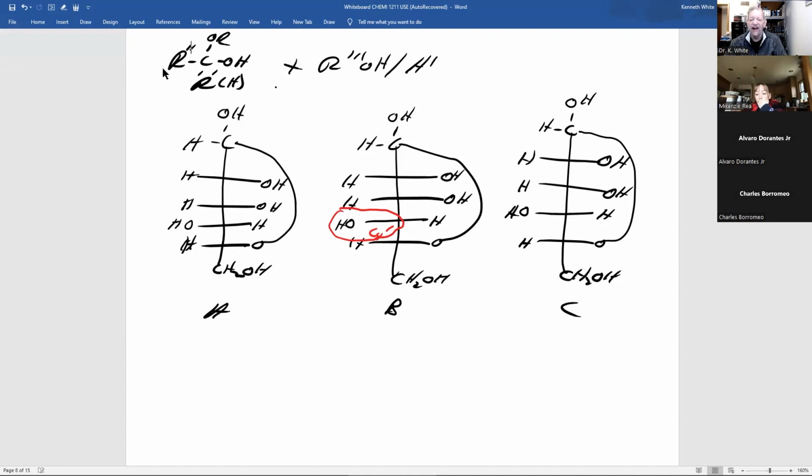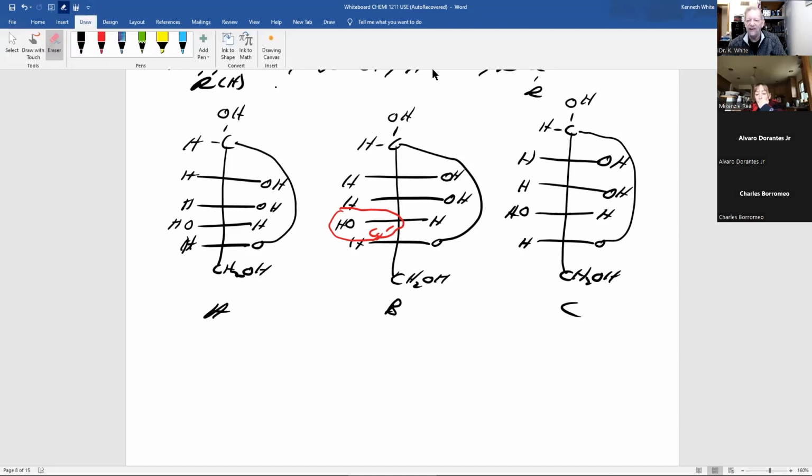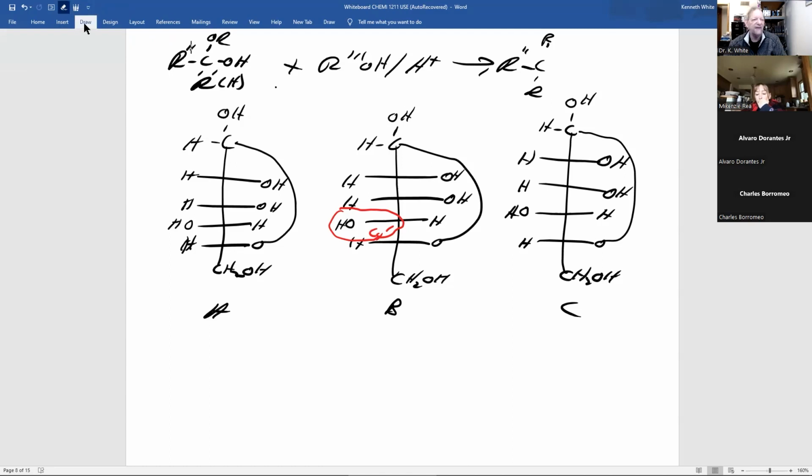If I have an acid catalyst, look familiar? Keep on wanting to forget this oxygen. And this carbon is this carbon. This alcohol is this. And what happens?